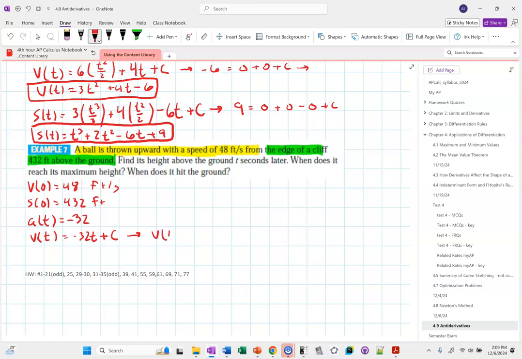48. Everybody's caught on here that if it's like f of 0, then the c is just whatever f of 0 is. Okay. So what's the antiderivative of that?